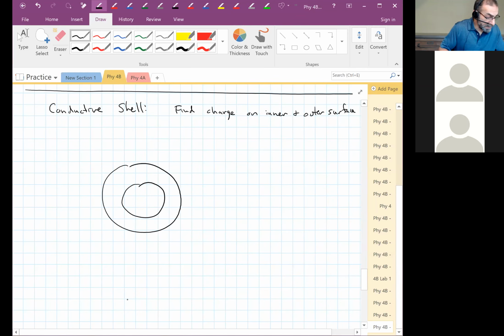We've got a positive Q at the center. So go ahead and draw the electric field everywhere. This is a neutral conducting shell.